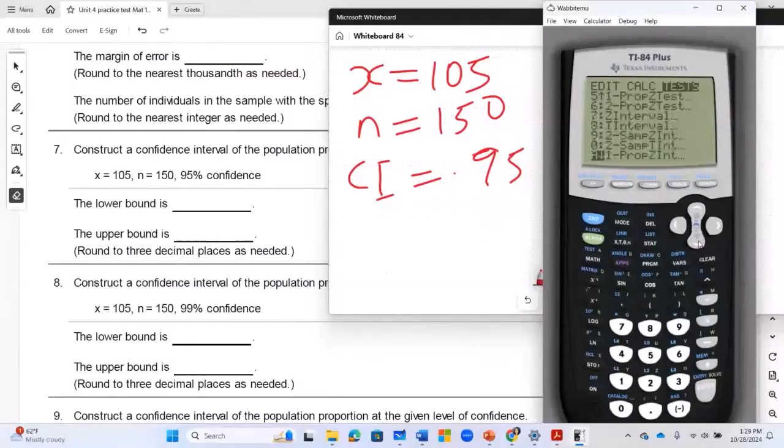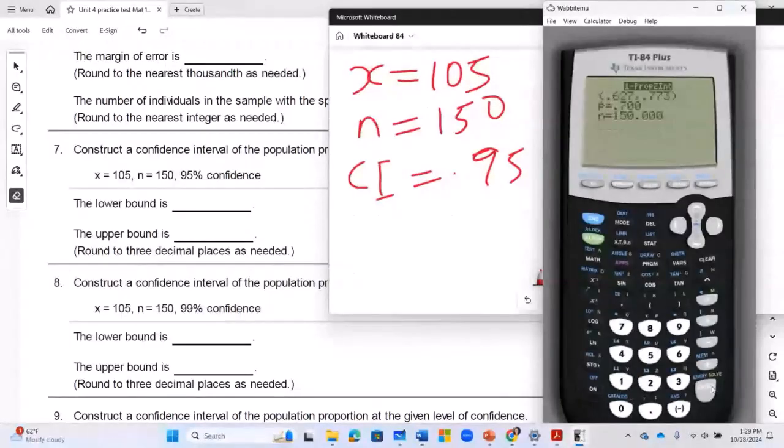One prop Z interval is A. I select that. What is the number of people who showed up? 105. The sample size is 150. And the confidence level is given to me as 0.95. So I'm going to calculate.